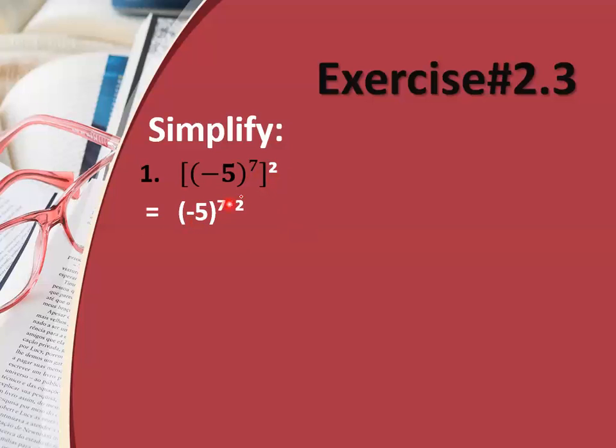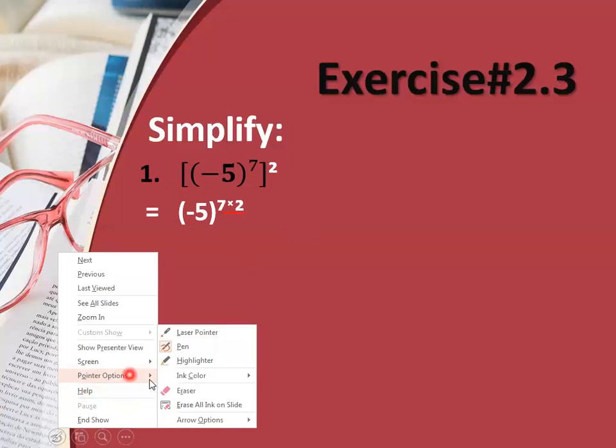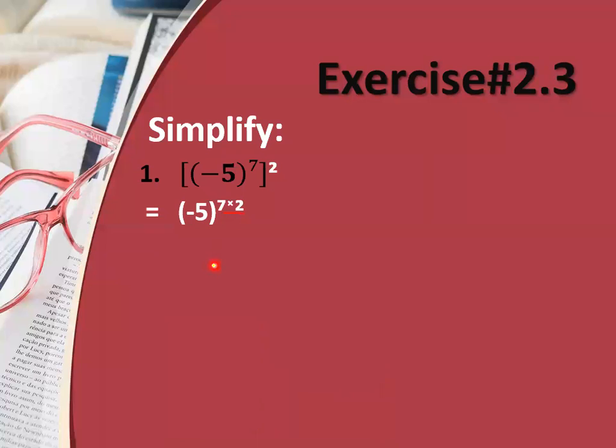Okay, and this is your power and this is another power, so you will multiply these two powers. 7 multiplied by 2. Okay, so 7 multiplied by 2, what it will become? Can anyone tell me 7 multiplied by 2, what it will become? So 7 multiplied by 2, it will become 14. Okay, 7 multiplied by 2 becomes 14.